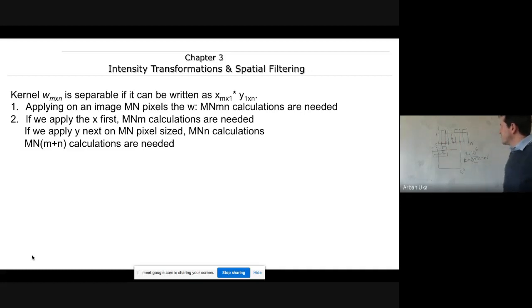This means that for each pixel we have 9 multiplications. So for 1 pixel, we get 10 to the power 1. For 10 to the power 6 pixels, we get 10 to the power 7. This is how many calculations one needs to do.